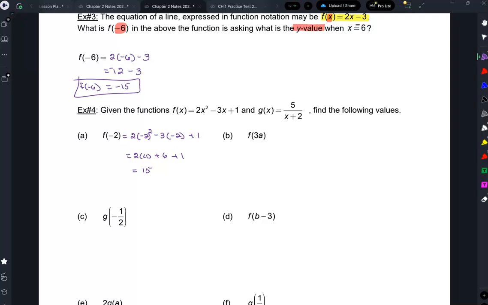Okay, f of 3a: 2 times 3a squared minus 3 times 3a plus 1. So this is 2 times, what do I get when I do 3a squared? 9a squared, minus 9a plus 1. 18a squared minus 9a plus 1.